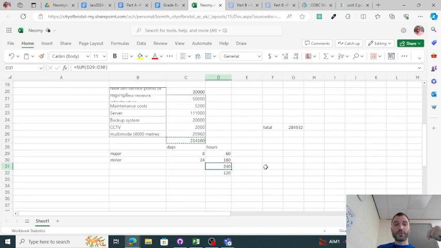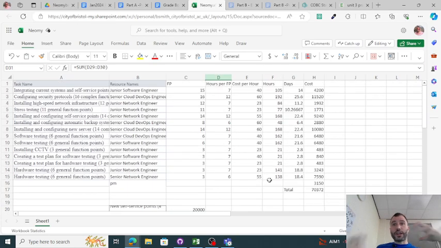I've added on 240. But because that task is so long, I split it. The only people who were available on my Gantt chart for the hardware testing were the junior and senior network engineers. And the only people who were available for software testing were the junior dev ops and junior software.